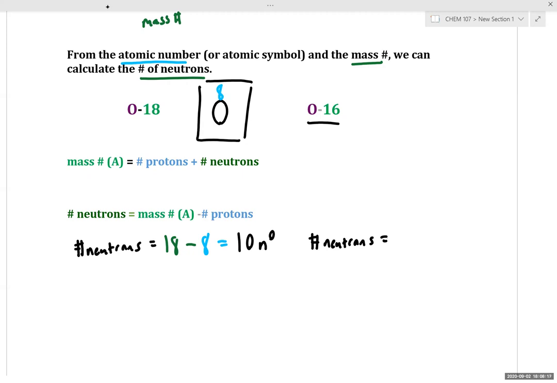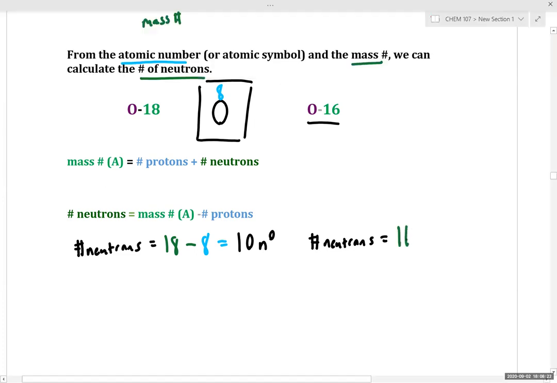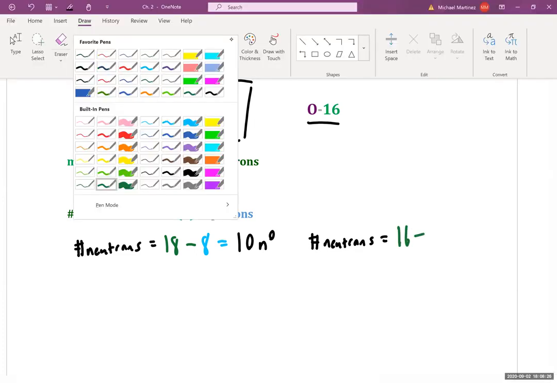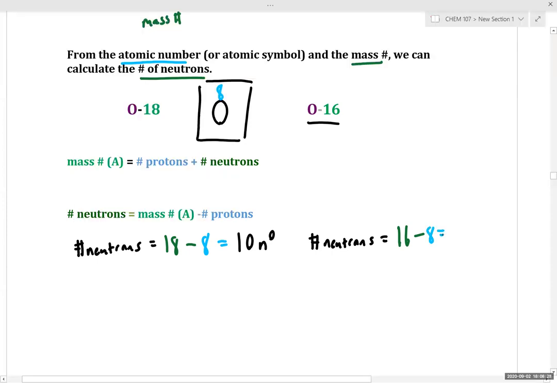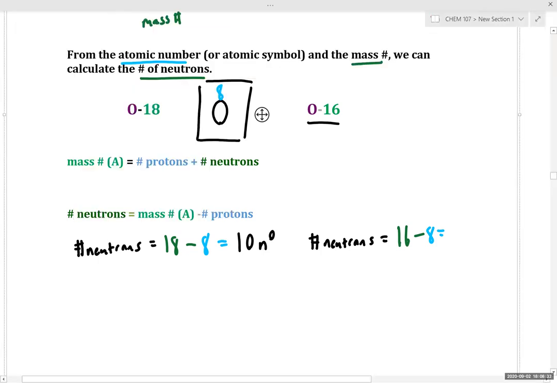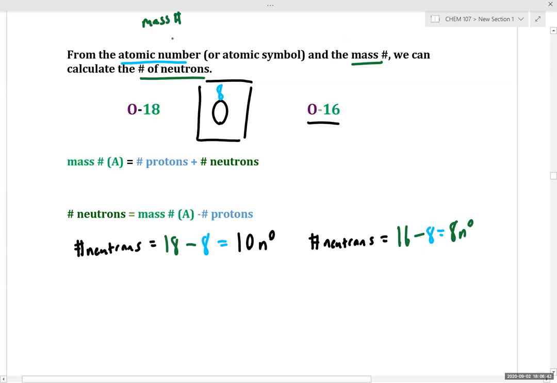Perfect. So let's showcase that calculation. We have 16 for our mass number, we have an atomic number of 8, and that in turn gives us a total of 8 neutrons. Perfect. So, any questions on mass number and atomic number?